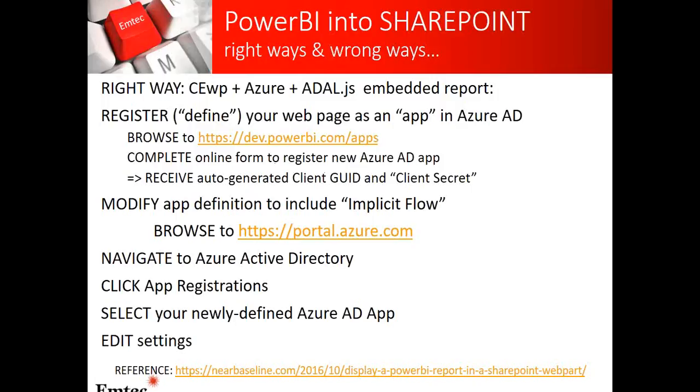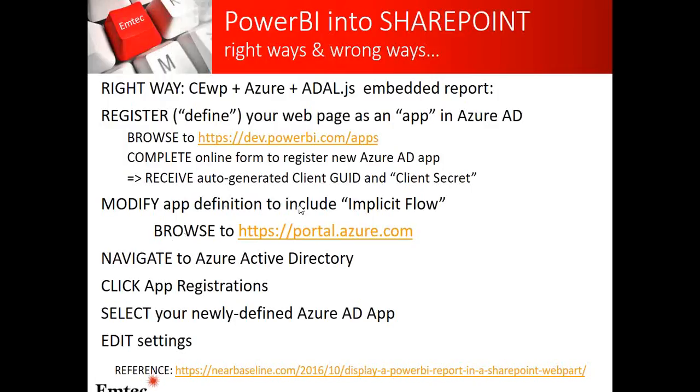And everybody's Office 365 subscription has a replica, an Azure-based replica of your Active Directory. So this is available. This is a zero cost to everybody. What you end up getting when you're done is that you receive an auto-generated client GUID and something called a client secret. The client GUID is what we actually really want, because that identifies the application later in the code that we're going to write.